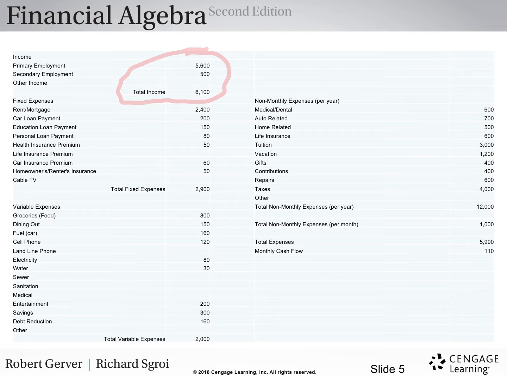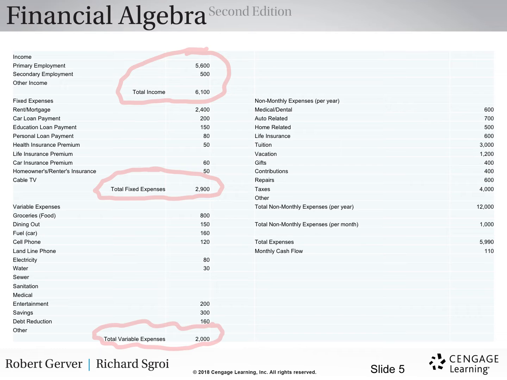The next section, just below that, is for total fixed expenses. These are expenses that are the same every single month, things like your mortgage, other loan payments. They're constant, they're the same every single month. So they're fixed expenses. All right, the next section down is your variable expenses.